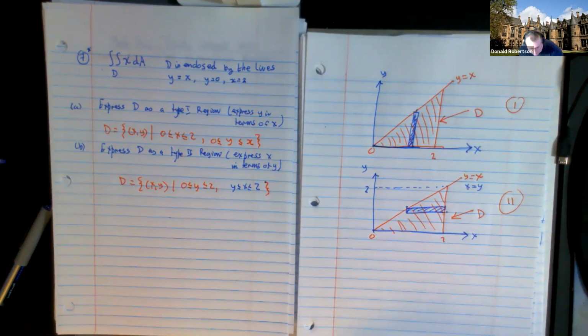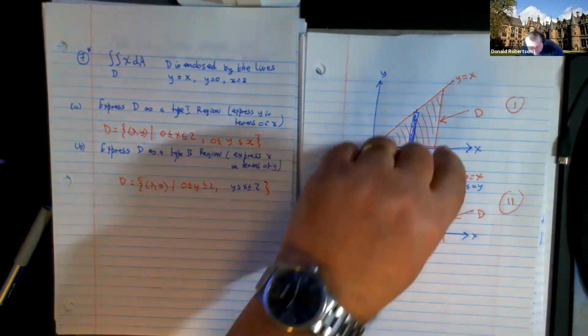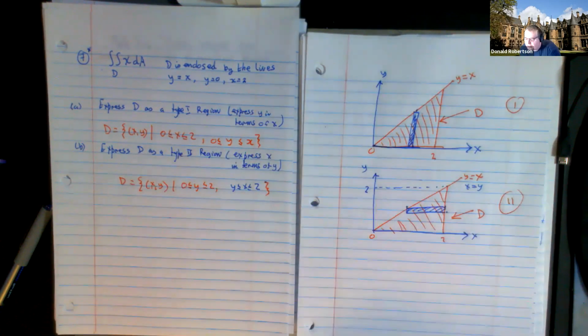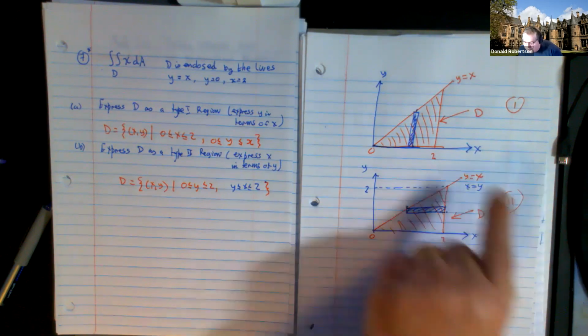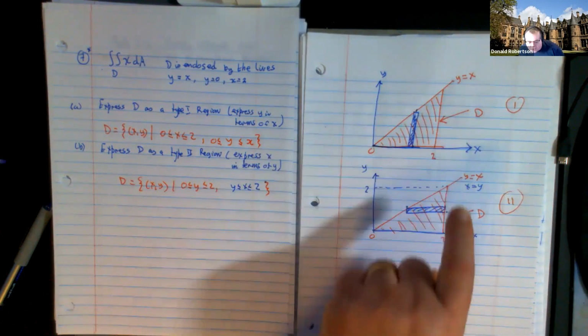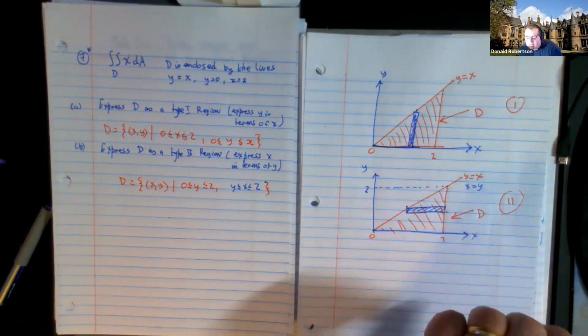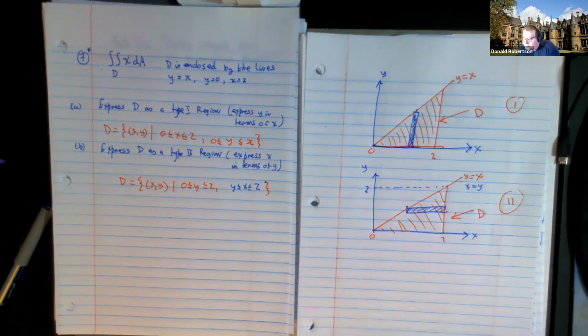Now, we did talk on Friday that for a given region, there are 2 different ways you could approach it. You could describe it this way, or you could describe it that way. In a lot of questions, it won't matter. The amount of work to get the answer will be about the same.